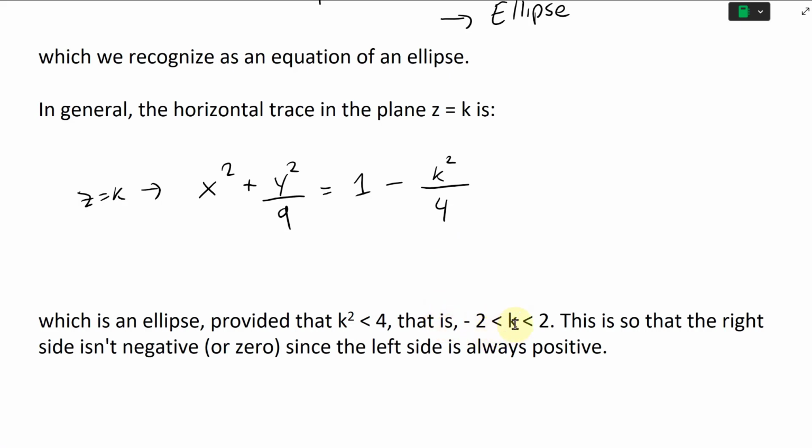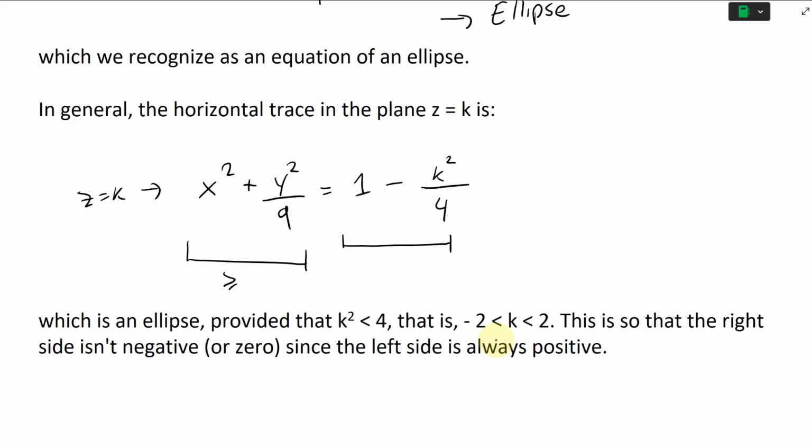That is, the absolute value of k is less than 2. So in other words, k is between -2 and 2. This is so that the right side isn't negative or 0, since the left side is always positive. Because you have an x squared, whatever you have in there, you're going to have a positive number, and y squared is going to be a positive number.